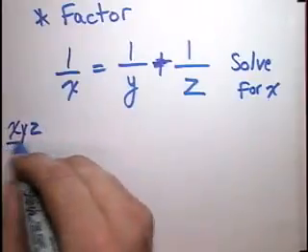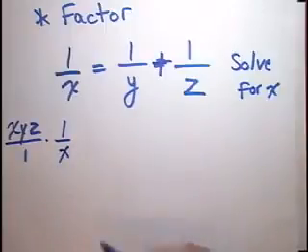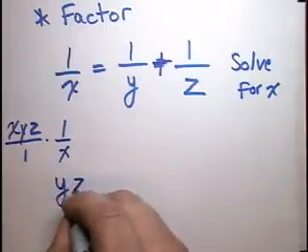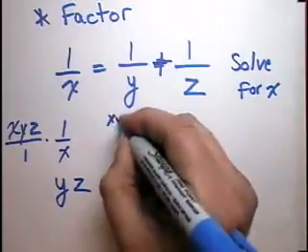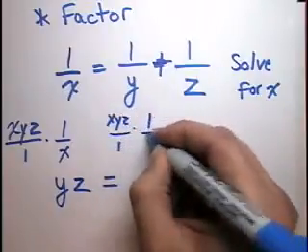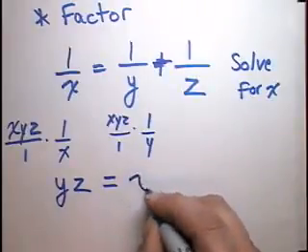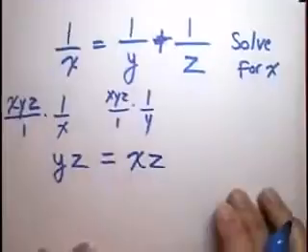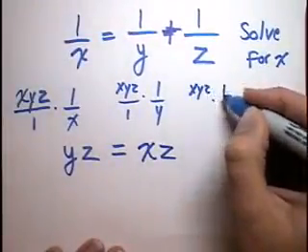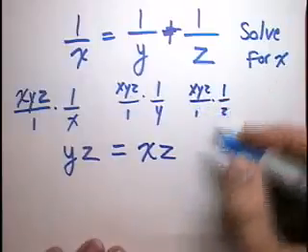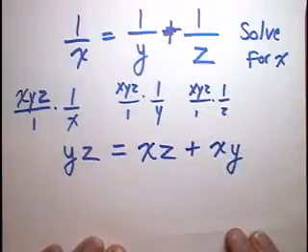When I multiply xyz times 1 over x, notice the x's cancel and I'm left with yz. When I multiply xyz times 1 over y, the y's cancel and I'm left with xz. When I multiply xyz times 1 over z, my z's cancel and I'm left with xy.